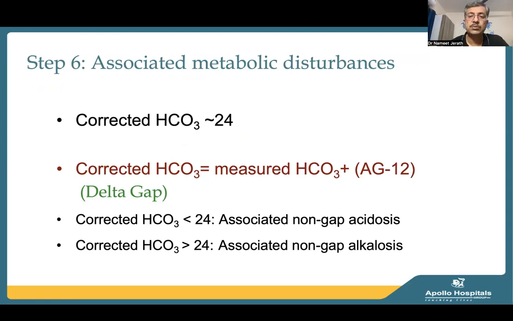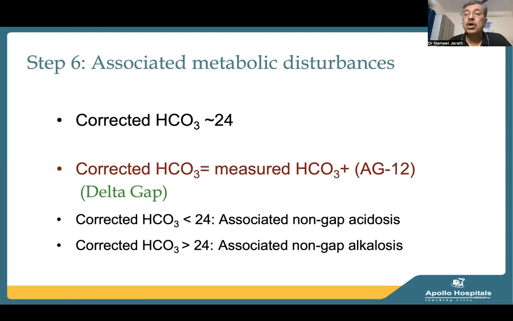Once the anion gap has been taken care of by this formula, which is the measured bicarbonate plus anion gap minus 12, 12 being the normal anion gap. So whatever is the anion gap, you subtract 12 from that and add it to the measured bicarbonate. This should be 24 or normal.